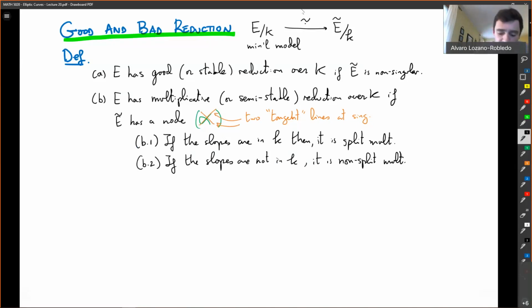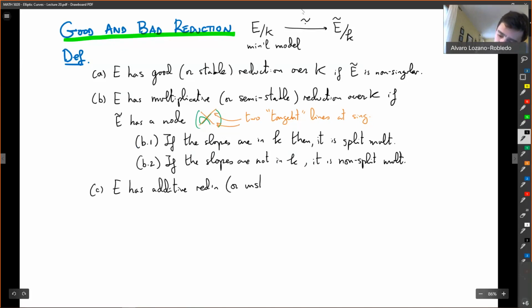And part C is that you have additive, or unstable, reduction if E tilde has a cusp.